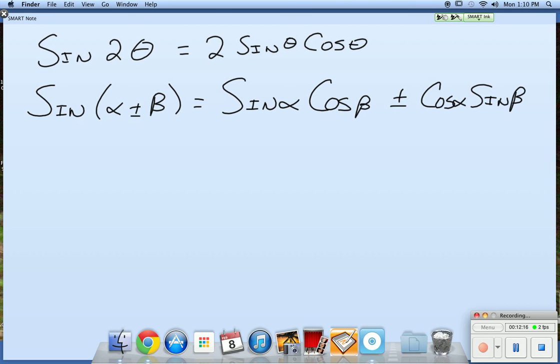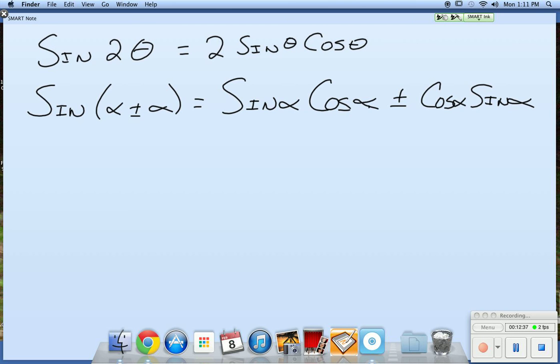Okay, what if my angles are the same? Watch what happens. If this isn't beta, but this is theta, theta and theta, right? Or alpha, I'm sorry, alpha. I'm using alpha in here, not theta. What happens?